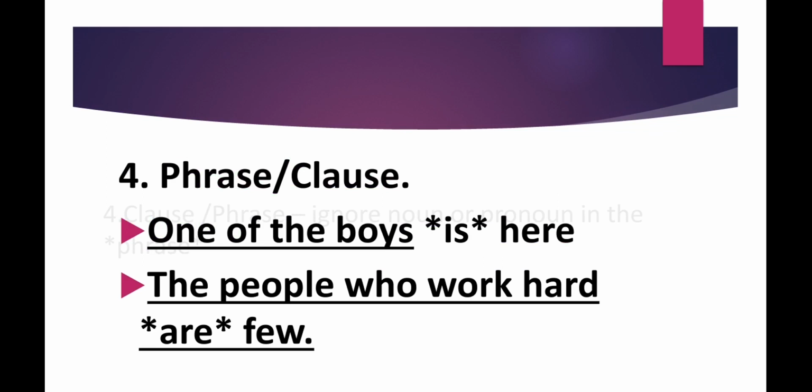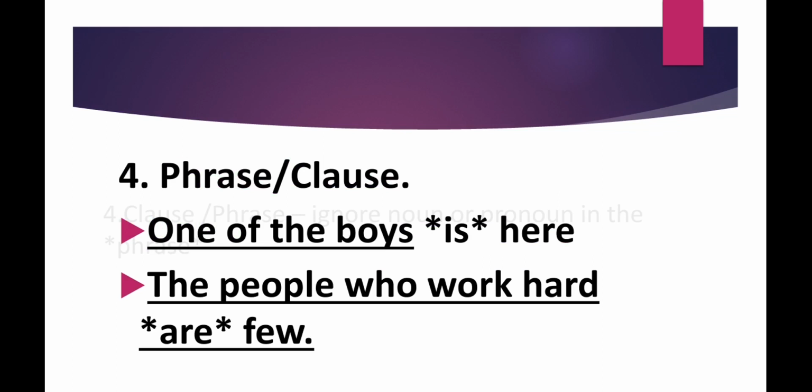If a phrase or a clause comes between the subject and the verb, the verb agrees with the subject, not with a noun or pronoun in the phrase. Got it? Example, one of the boys is here. Now, one of the boys, that's a phrase.